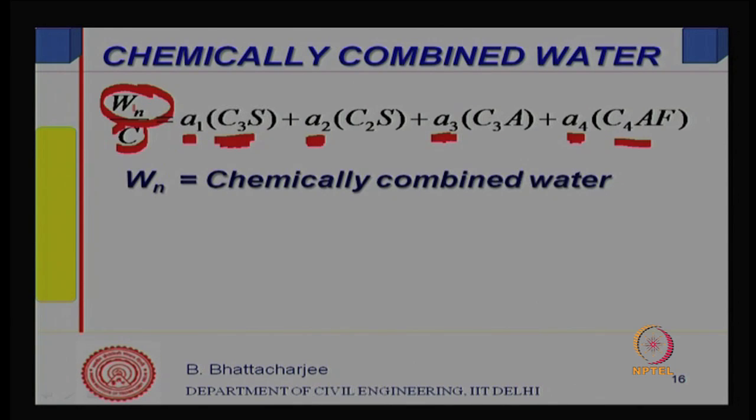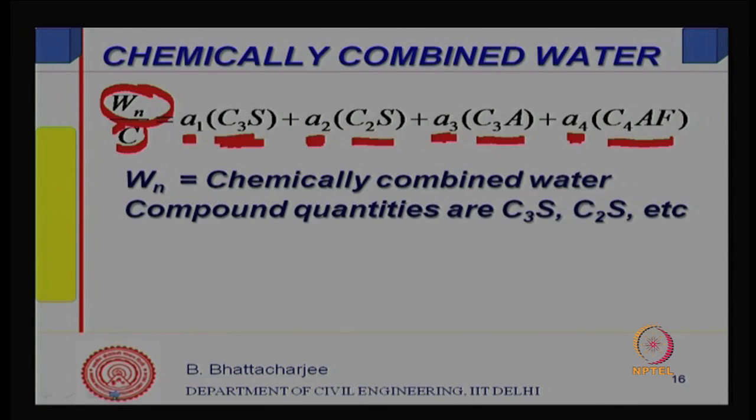So, the quantity of water that will combine per unit mass is Wn by C, and if I know the proportion of C3S, C2S, C3A and C4AF, then I can find out the chemically combined water for C quantity of cement.